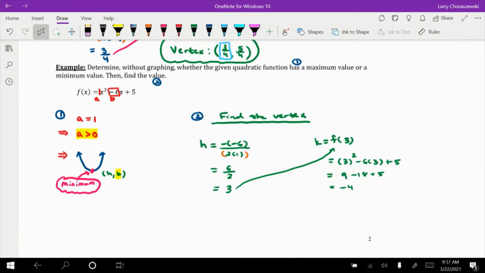So in the context of this problem, the minimum value is given by k, which is -4. All right. Does that look good to you folks?